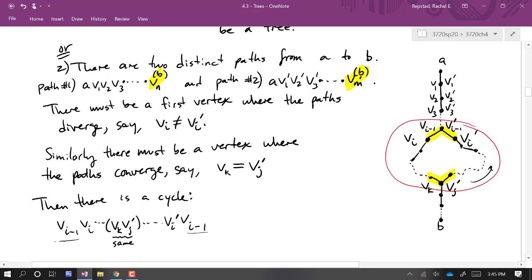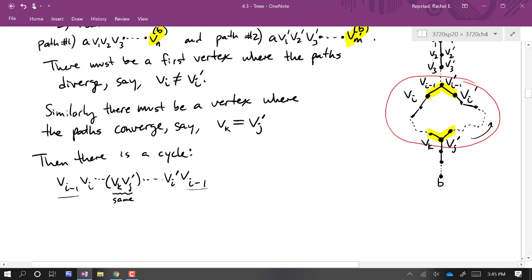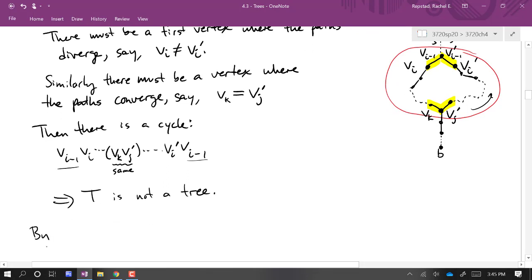So starting and ending at the same vertex. There's our cycle. So T is not a tree. That means that by contrapositive, if T is a tree, then there's a unique simple path connecting any two vertices.